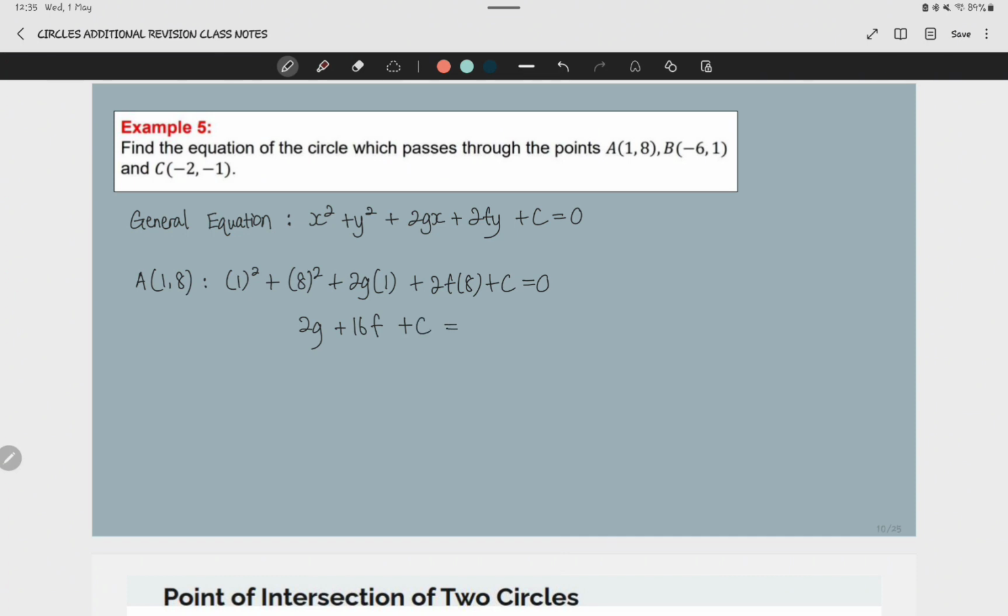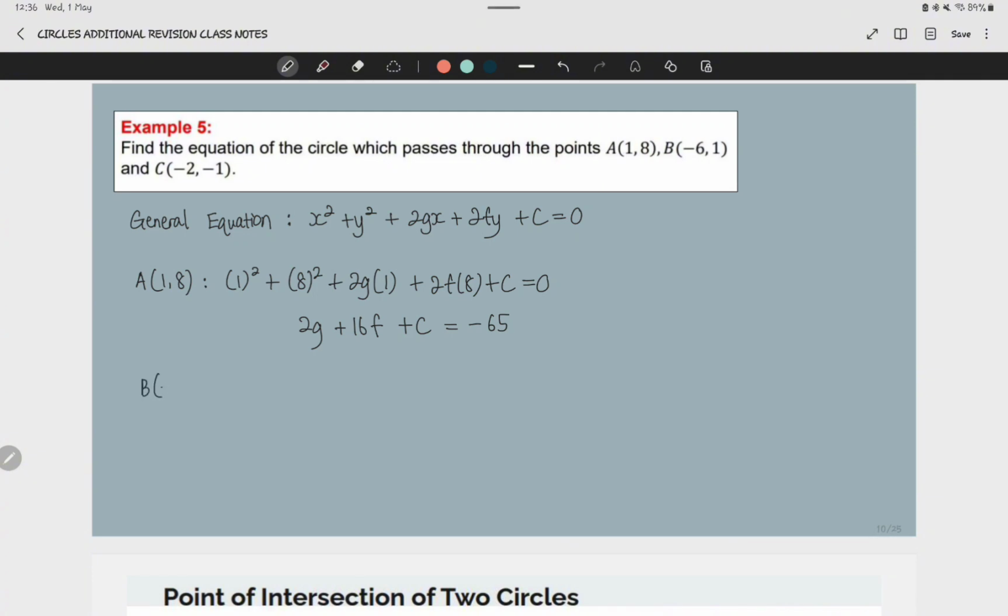So 1 plus 8 squared will be 65, so you move it to the other side, negative 65. Try to make it a habit that the numbers, the whole numbers, integers, we move to one side, and the variables to the other side. This way we can see the easy relation between all of them.